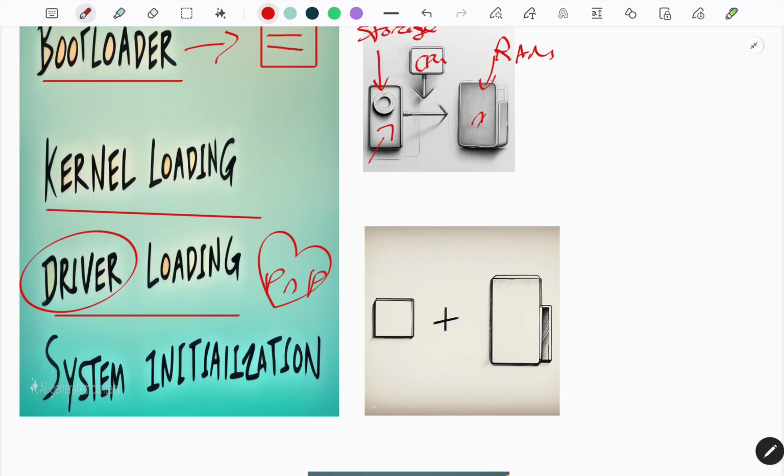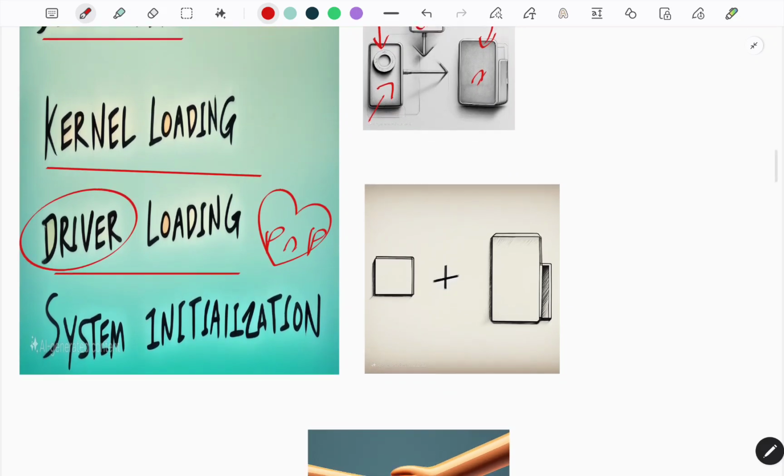It will load up all the drivers. Then after that, you go into the system initialization, where you can see the login screen. As simple as that.